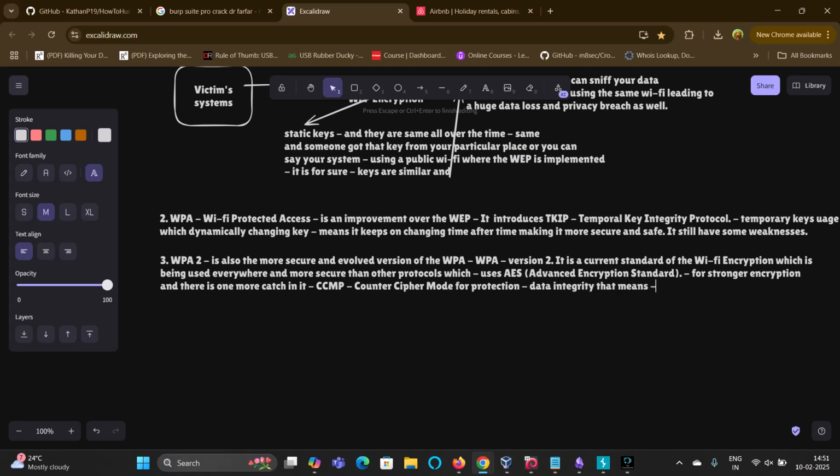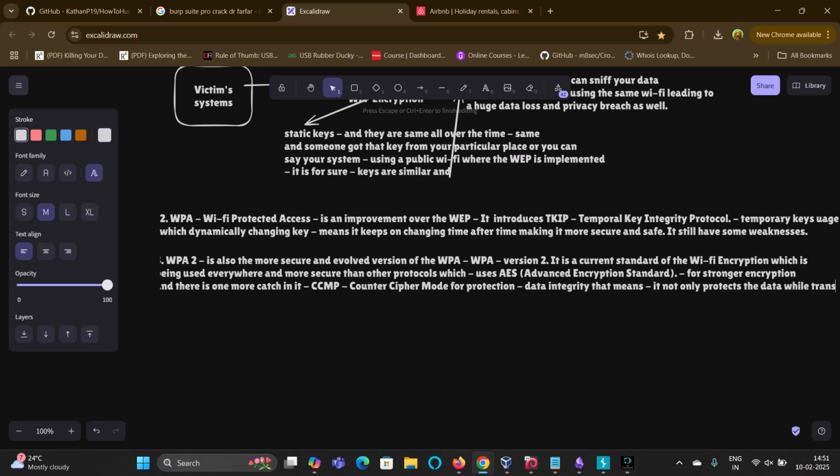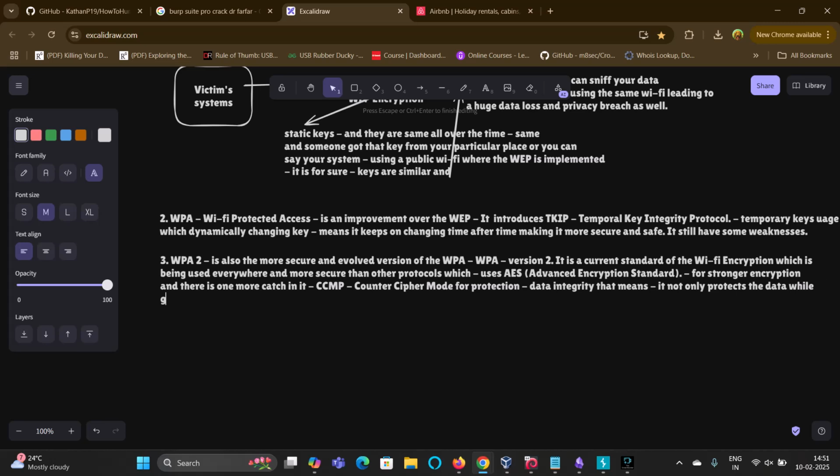That means it not only protects the data while getting transmitted from one end to another, but also safeguards your data at rest.